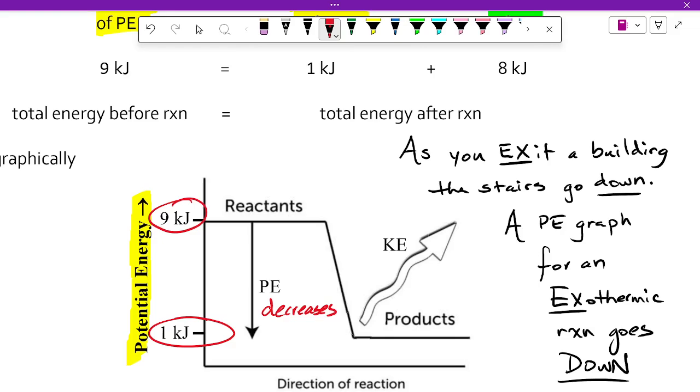It comes out as kinetic energy, as heat. It is transformed into kinetic energy, and the kinetic energy comes out and that increases the temperature.